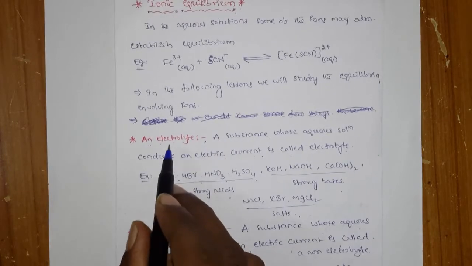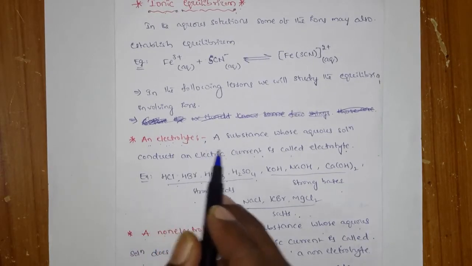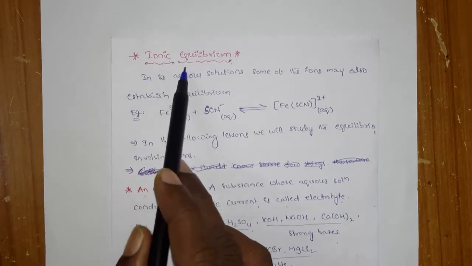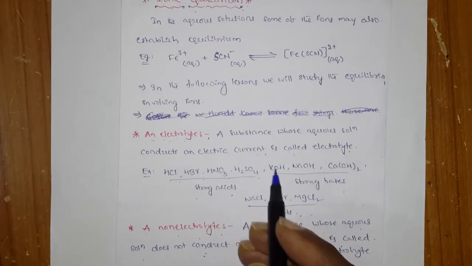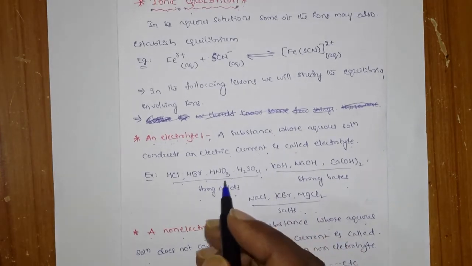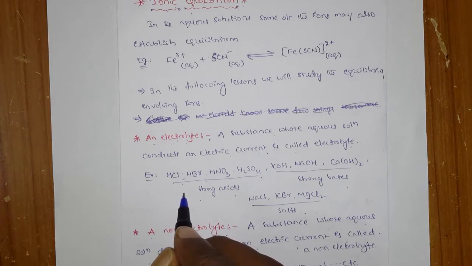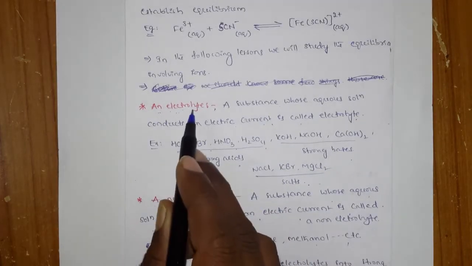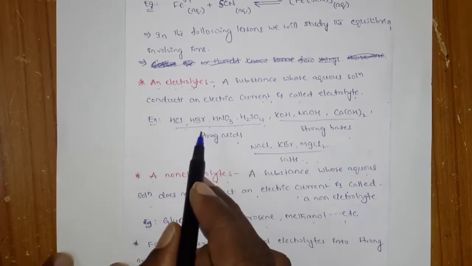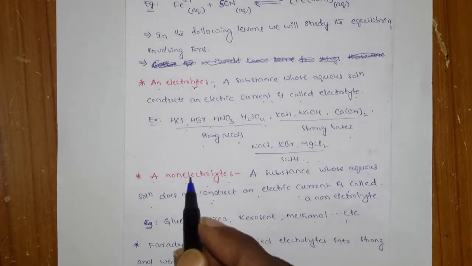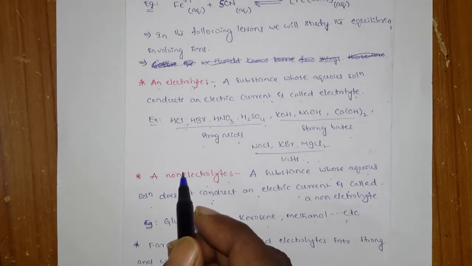But do all electrolytes show equilibrium in the solution while dissolving? No. Only weak electrolytes show the equilibrium, and strong electrolytes cannot show the equilibrium.